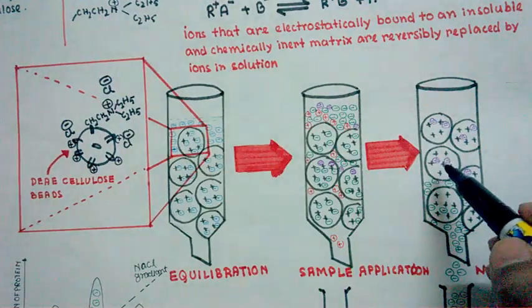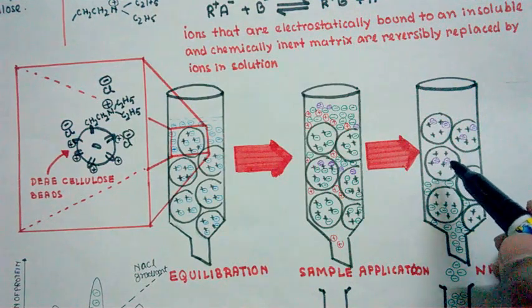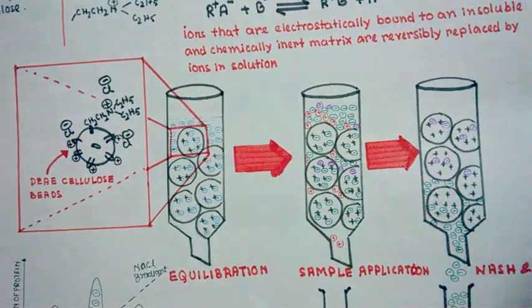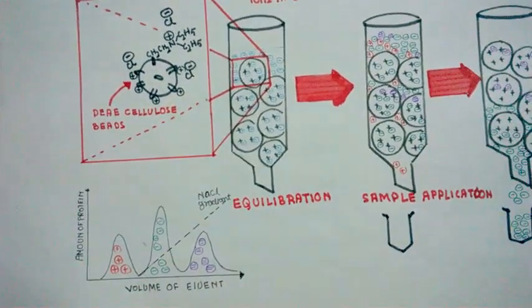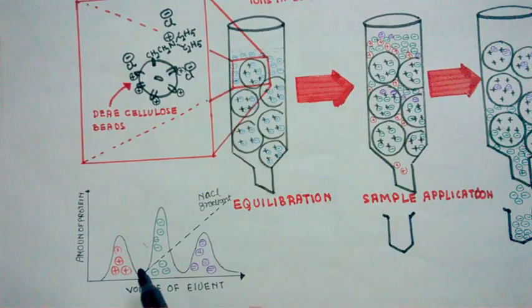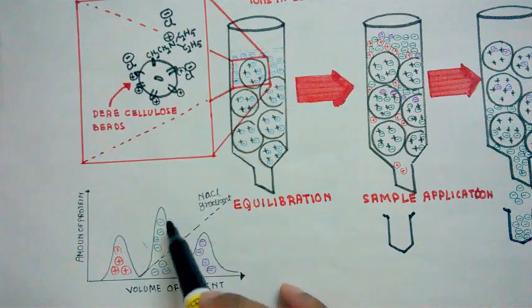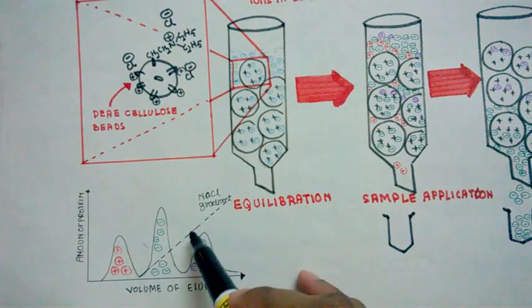But the proteins which have more negative charge bind more strongly. That is why we have to use an even higher concentration of sodium chloride. If we look at a graph here, for these red color proteins, we really don't need other ways of elution. But for these green colored proteins that have a unit negative charge, we can use sodium chloride.